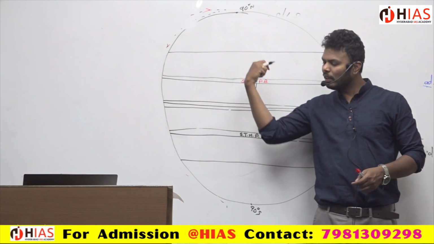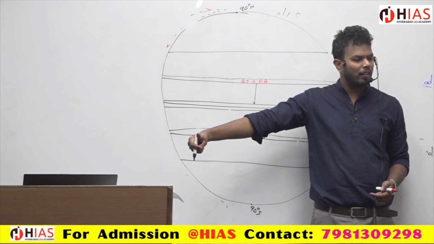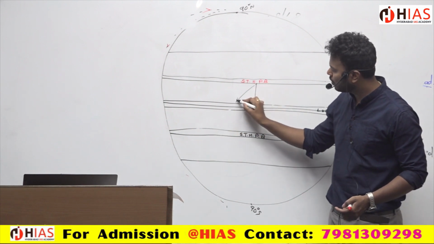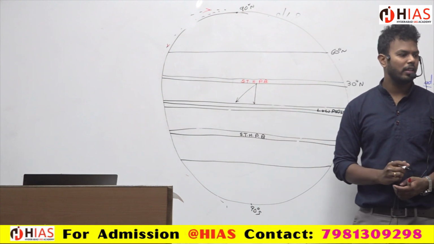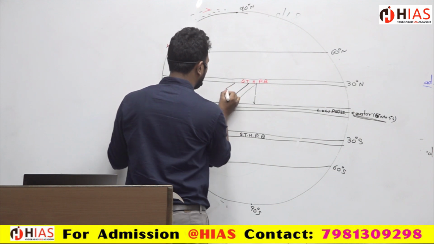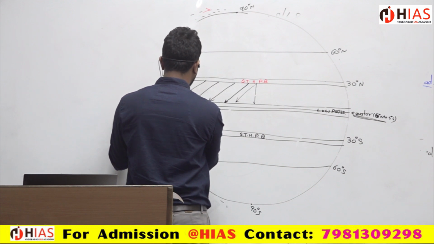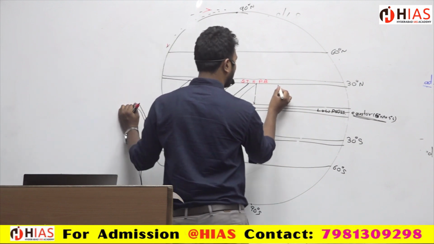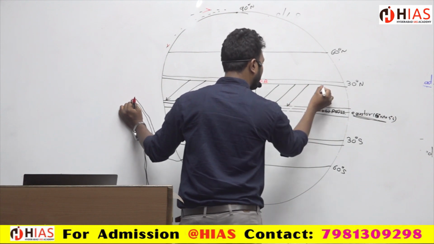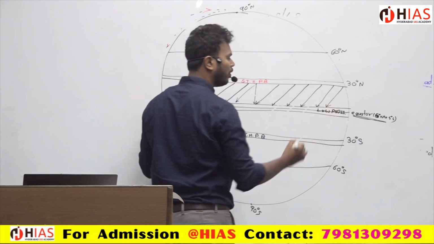As it is starting from this direction, the right side will be like this. So instead of coming straight, it will get deflected. This is how, at the subtropic high pressure belt, the wind will travel in this manner. All throughout the globe, the wind will travel in this manner. So this is how the winds will travel.